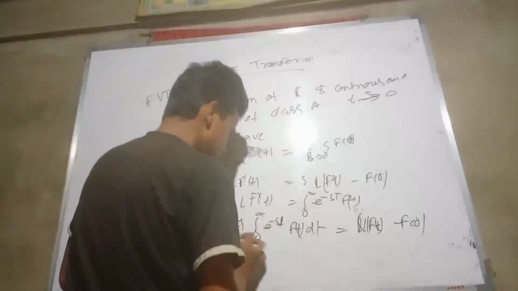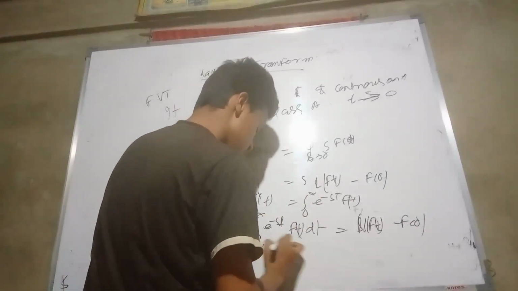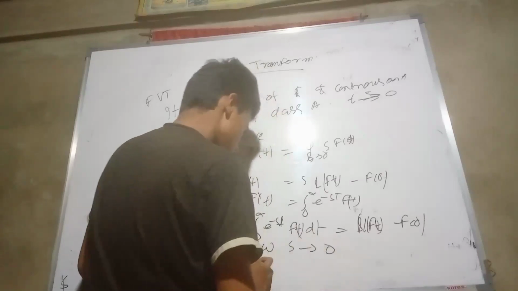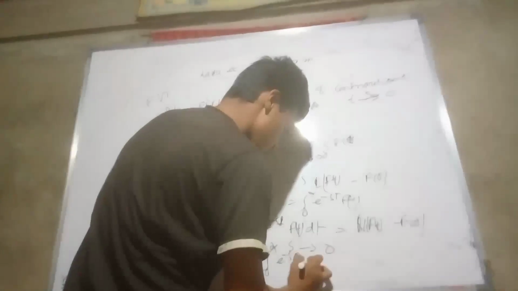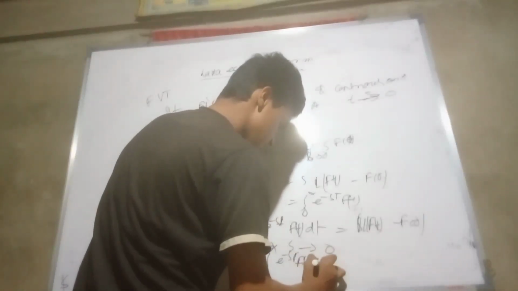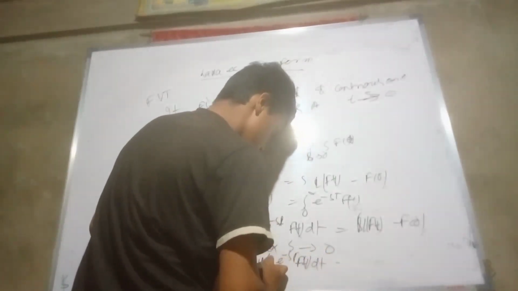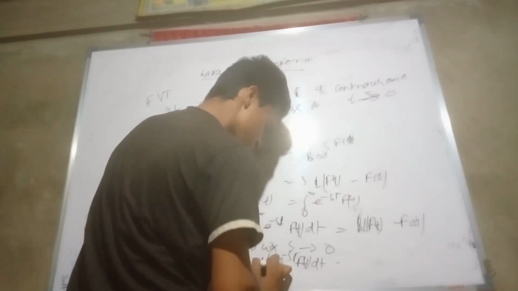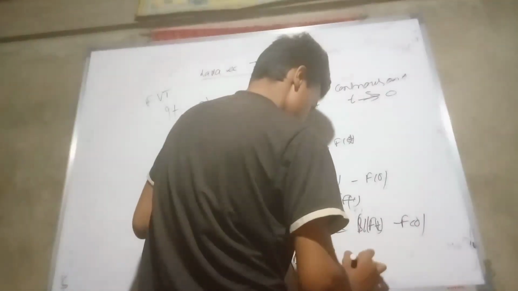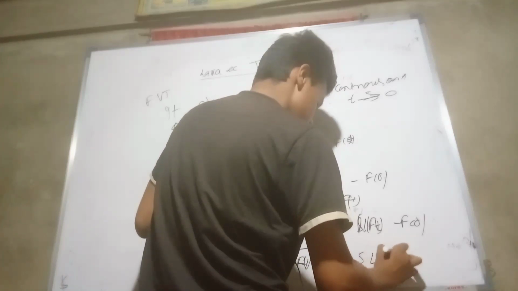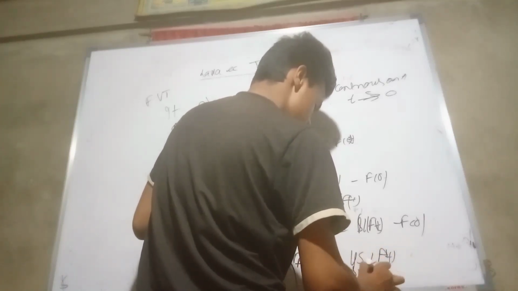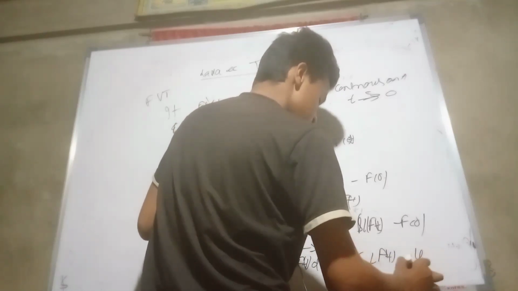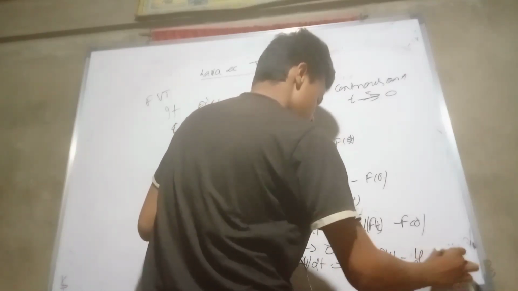Now taking the limit as s tends to 0, that gives us the limit as s tends to 0 of the integral from 0 to infinity of e^(-st) f'(t) dt, equal to the limit as s tends to 0 of s L{f(t)} minus the limit of f(0).